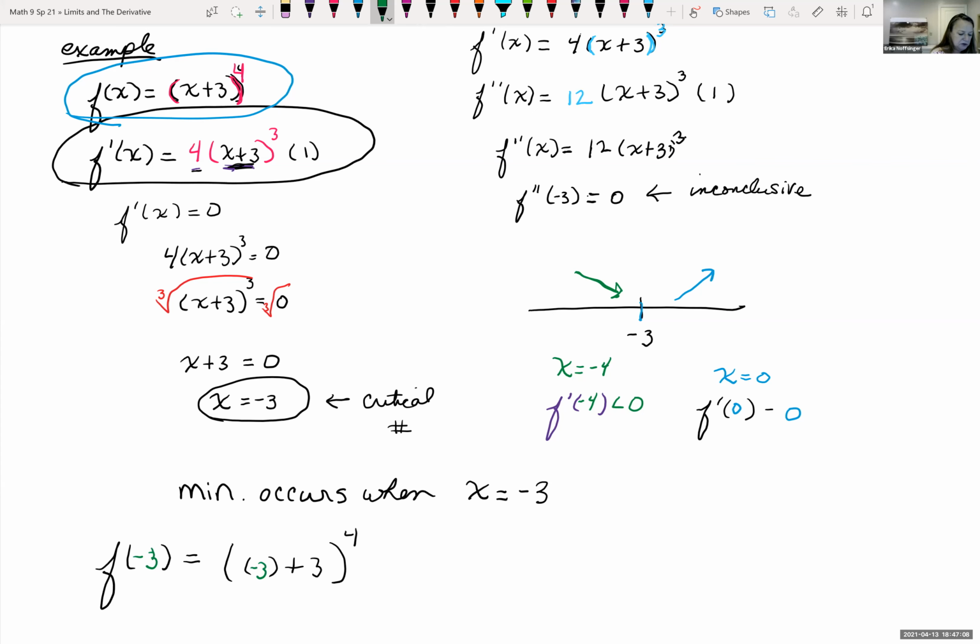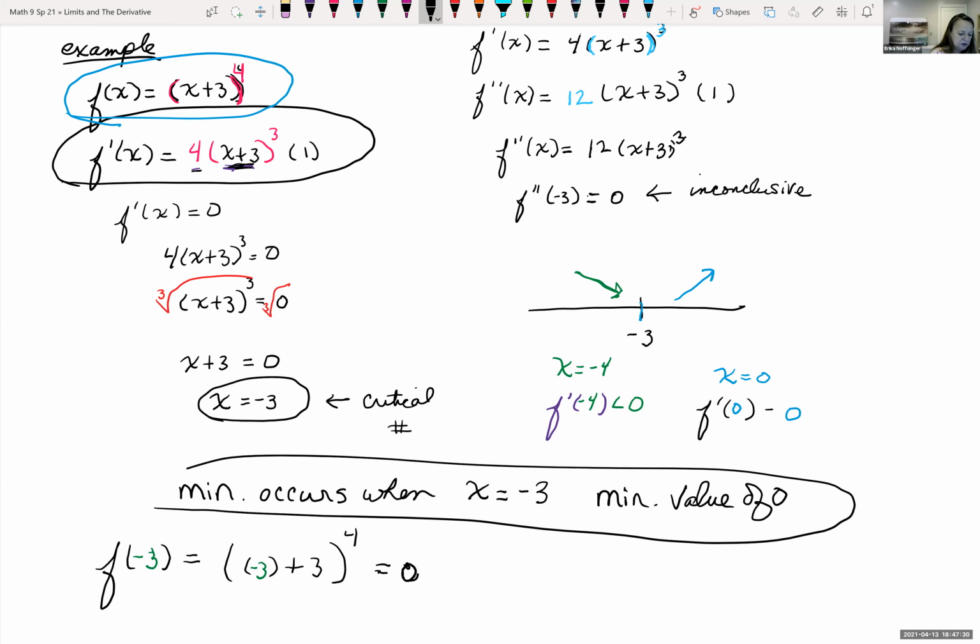And so the minimum value we get back is 0. So another way to write that, it's at the point -3, 0.